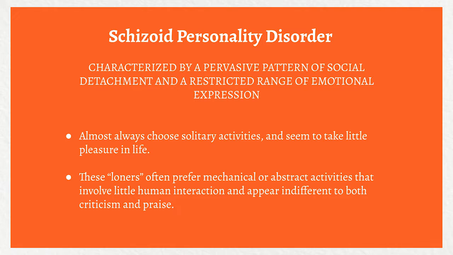Yeah. And when we look at the next graphic that's up on the screen, we see that schizoid personality disorder is characterized by what's called a pervasive pattern of detachment and a very restricted emotional range. So the schizoid presentation, we're not going to see someone who shows a lot of emotions. It can be very, what we call flat affect.